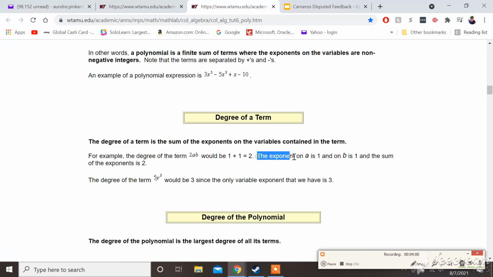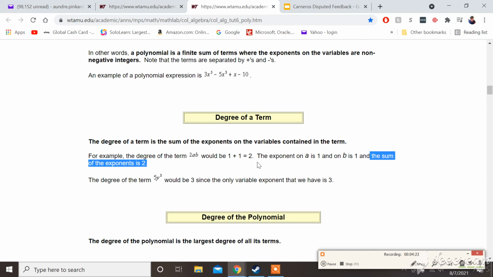Alright, whatever. The exponent on a is 1. The exponent on b is 1. And the sum of the exponents is 2, since 1 plus 1 is 2.